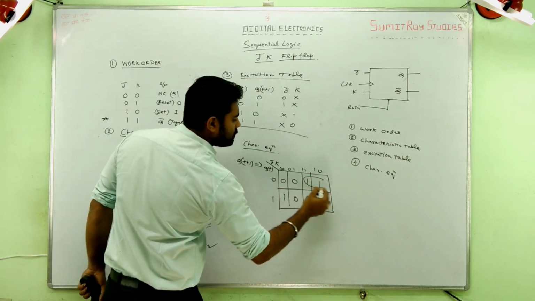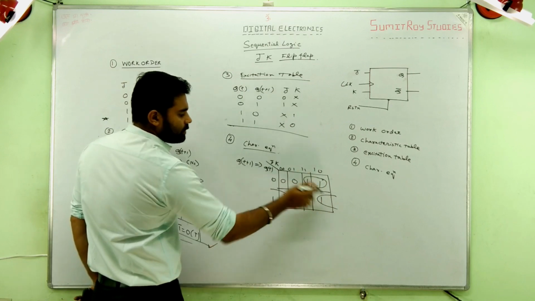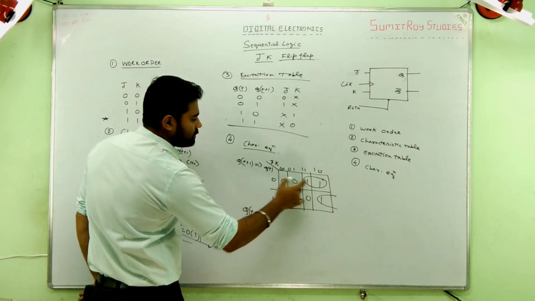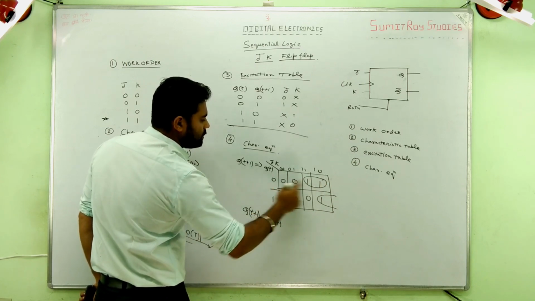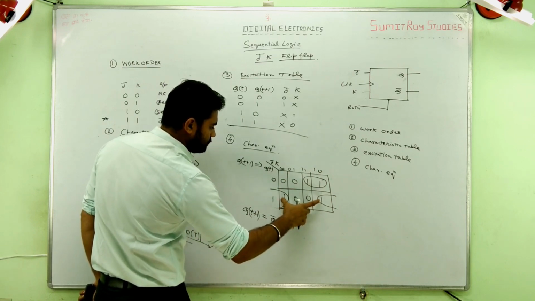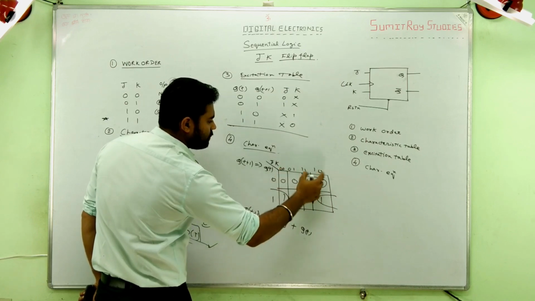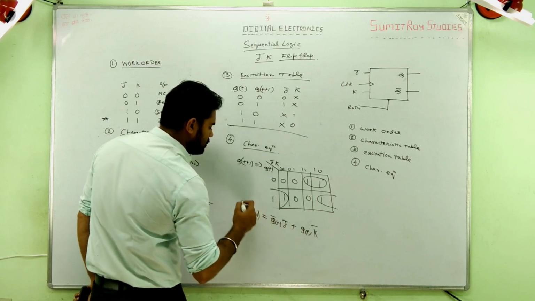Now this is the possible grouping. So QT plus 1 is written as QT bar and 1, that is J, plus QT and 1 0, that is K bar.